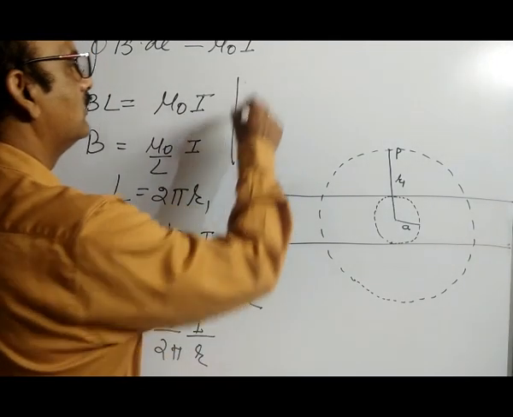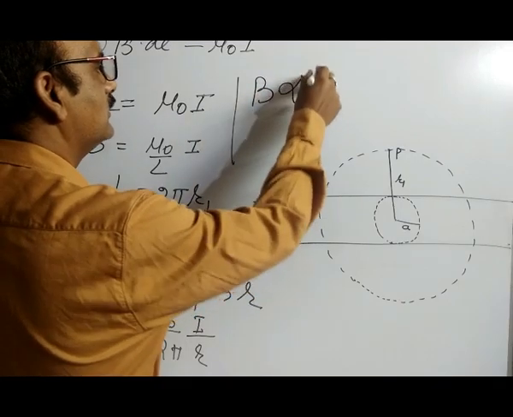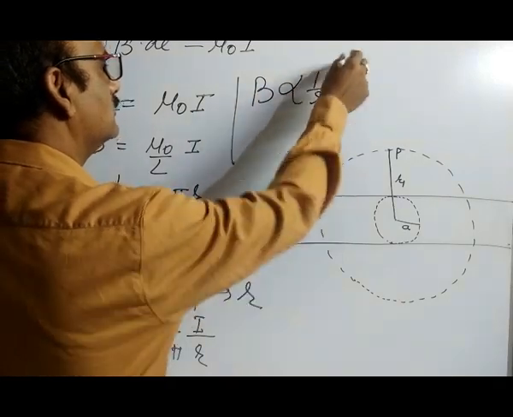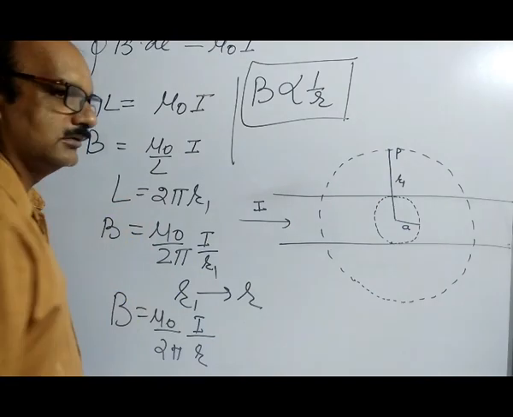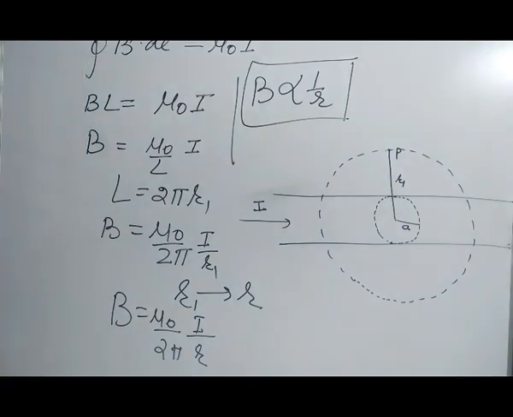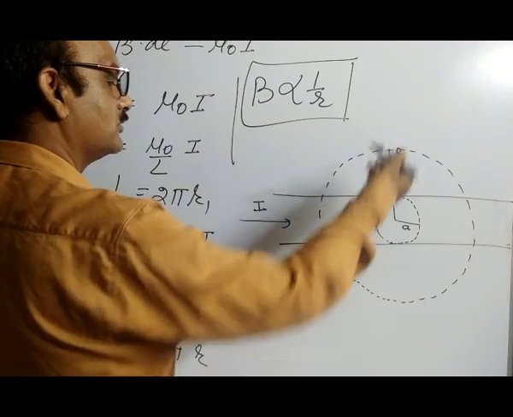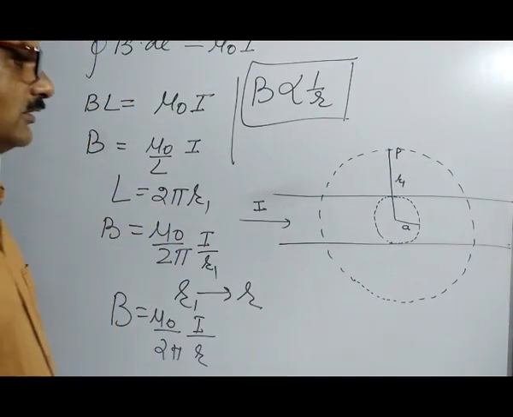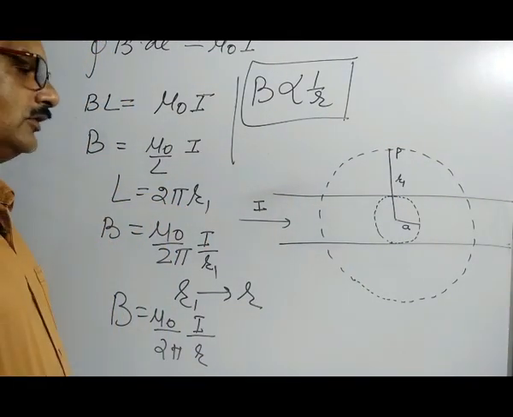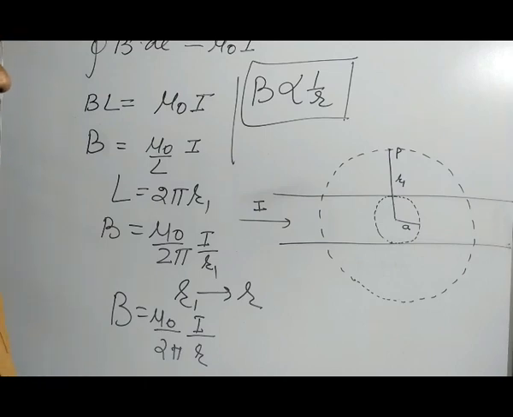Here B is inversely proportional to r. Right. When you are calculating magnetic field outside the current carrying conductor which is infinitely long and straight.